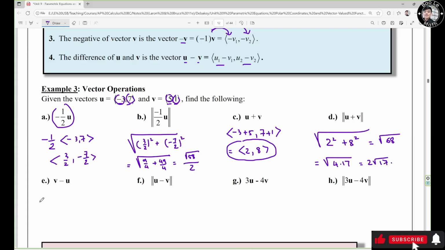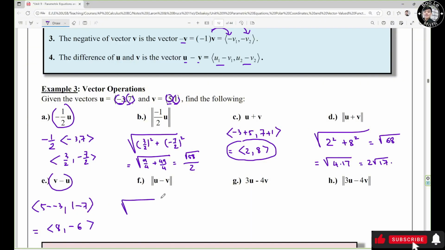Now, question E, you're gonna take v subtract u, right? So it could be 5 subtract negative 3, comma 1 subtract 7, right? Alright, so it's gonna be 8, comma negative 6. Question F, you're gonna take the magnitude of this guy, right?